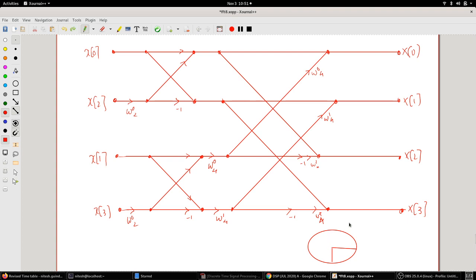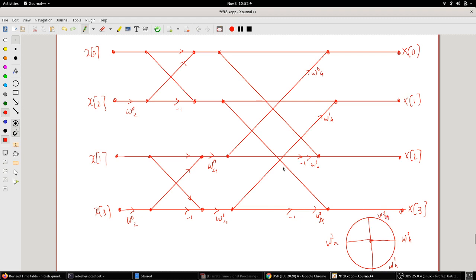So let me just draw it properly. This one is your W0 of 4, this one is your W1 of 4, this one is your W2 of 4, this one is your W3 of 4, right?